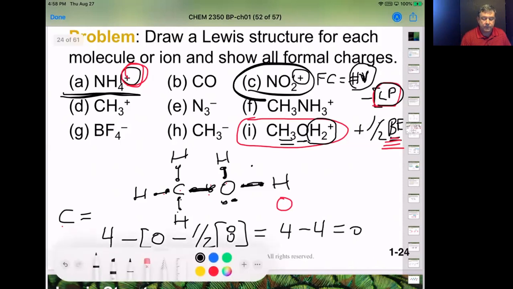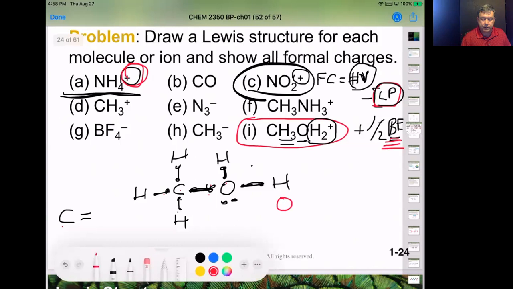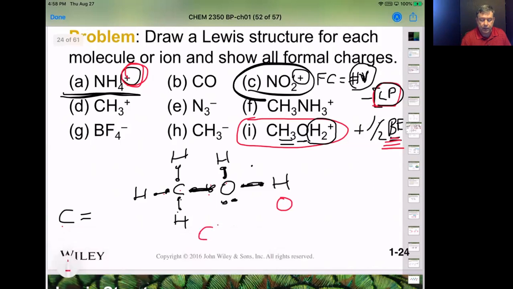Okay, now let's figure out why oxygen has that formal charge. So let's go with the oxygen here. Oxygen is in group 6, so it has 6 valence electrons, and we're going to subtract from that all of its lone pairs, so that's 2, plus 1/2 of the bonded electrons, 1, 2, 3, 4, 5, 6.